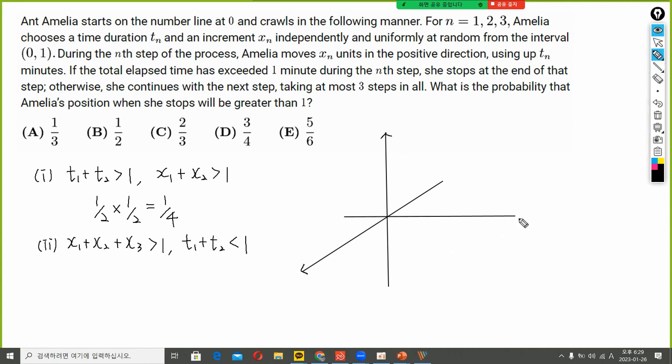So we can make a three-dimensional plane for x1, x2, and x3.